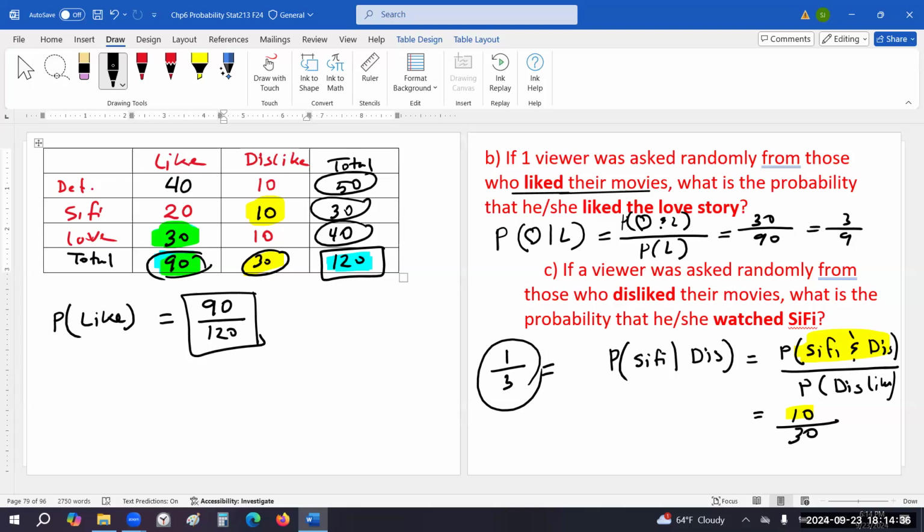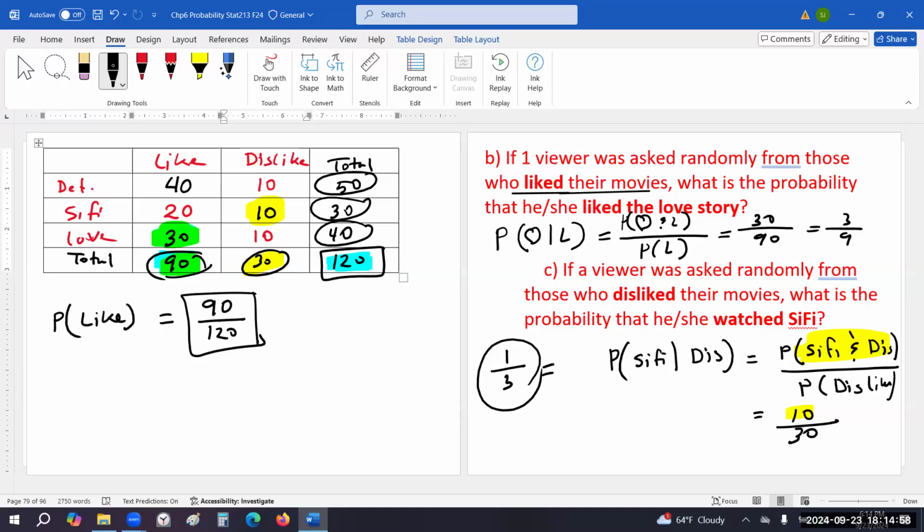If a viewer was asked random, so from 120 people, you picked one person from the people who dislike the movies. Okay, so we have total 30 people that dislike movies. So our sample space got reduced from 120 to 30, right?